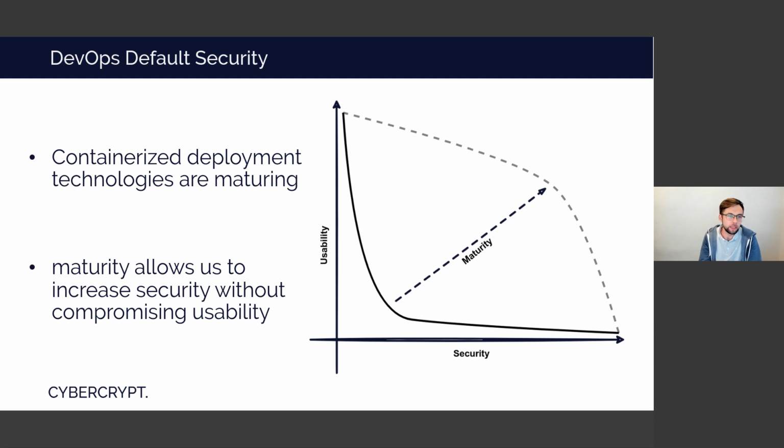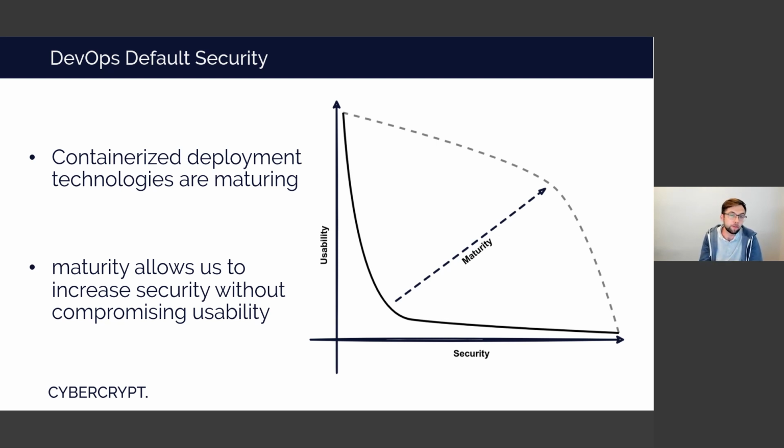What this basically means is that the more mature your technology is, and the more mature and adept your users are with the system, the softer this trade-off gets. So if a technology is very mature and the developers using it are experts in the technology, you can introduce more security and only pay a little bit of usability, if that makes sense.